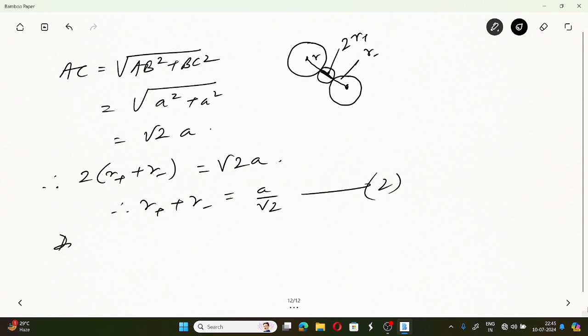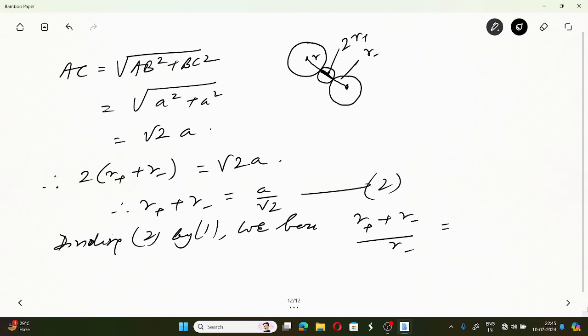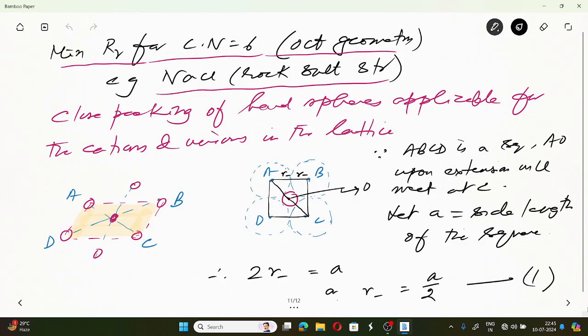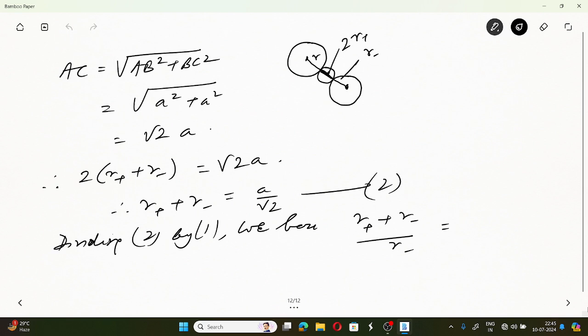So dividing 2 by 1, we have R plus by R minus equals what? Here we have a by 2, so it is a by root 2 into a by 2, right?